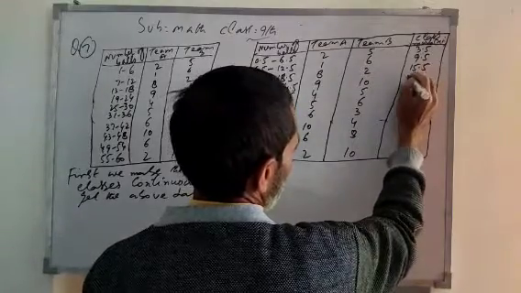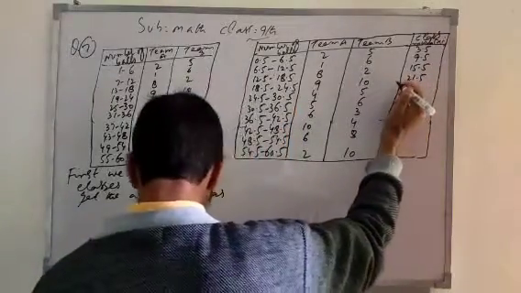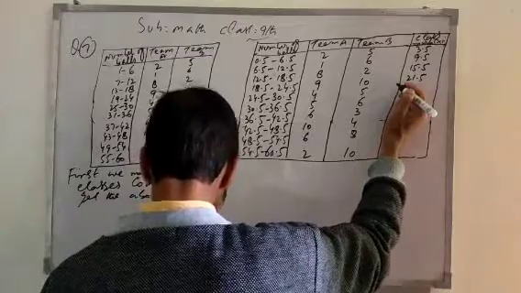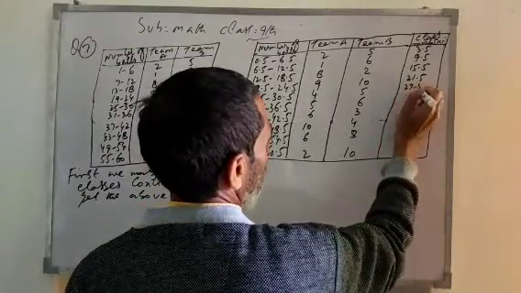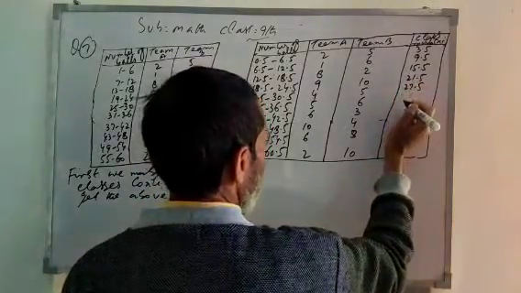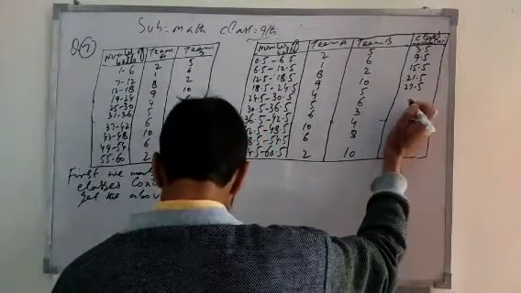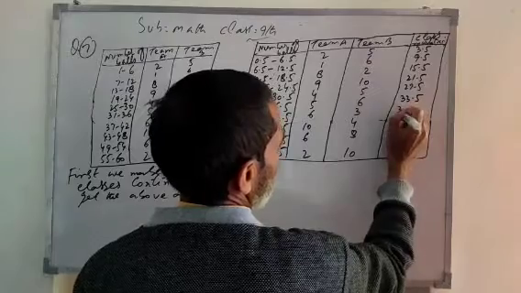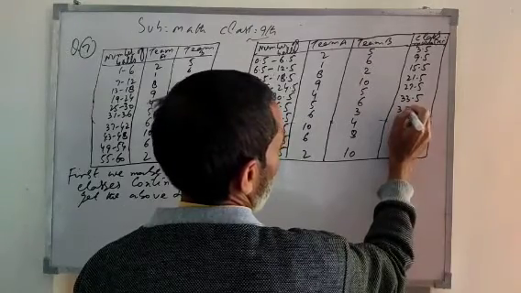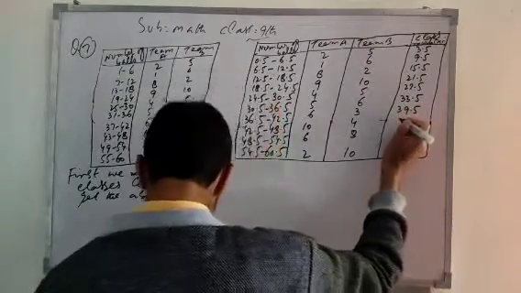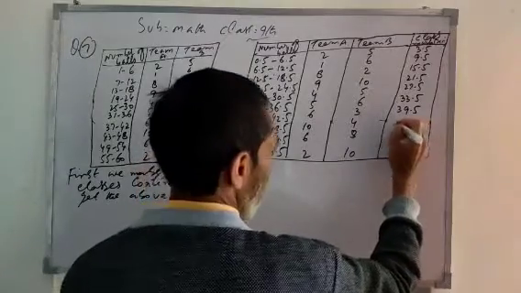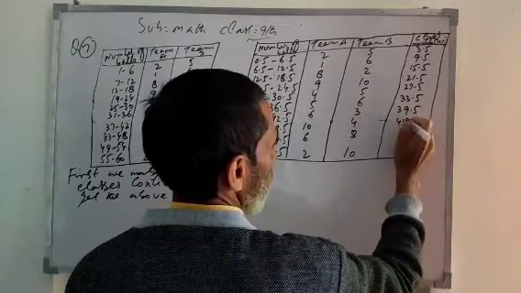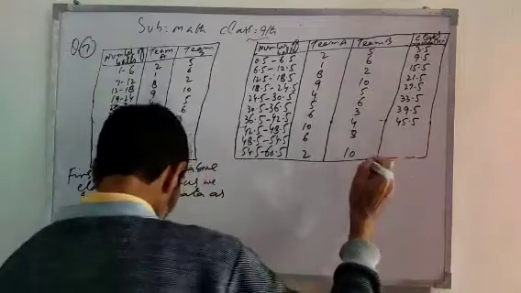For fourth class, 21.5. For next class, 27.5. For other class, 33.5. For next class, 39.5. For next class, 45.5. For next class, 51.5.